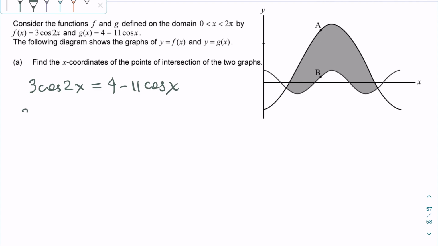We can rewrite cosine 2x using a double angle identity. We will use the identity that only involves cosine. So this would be 2 cosine squared x minus 1.